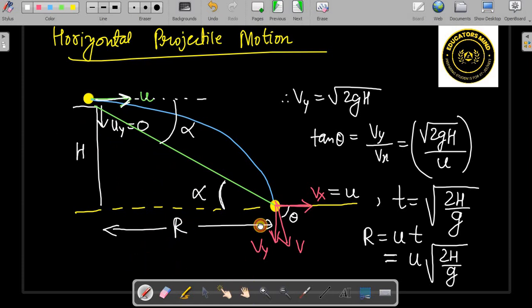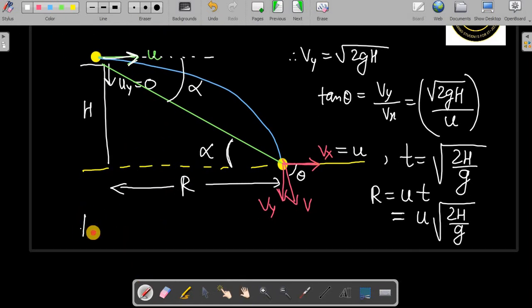You see tan alpha from here. Tan alpha is equal to h by r, because this is 90 degrees. Now, what is the range? Range is u root under 2h by g.